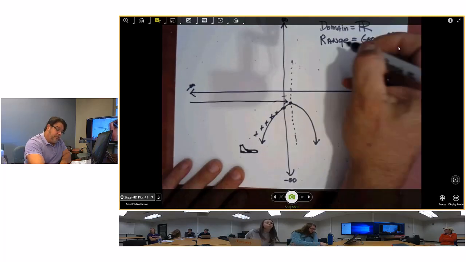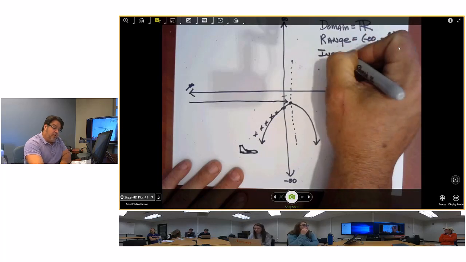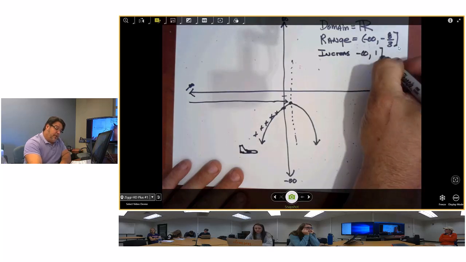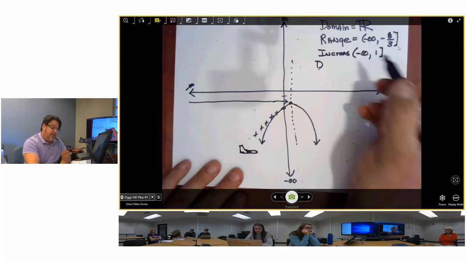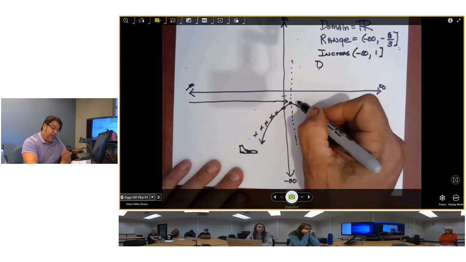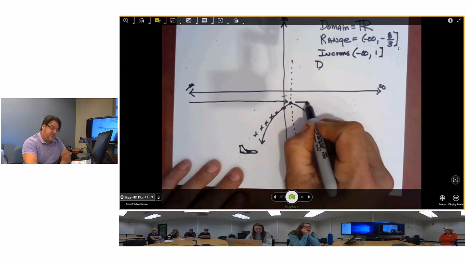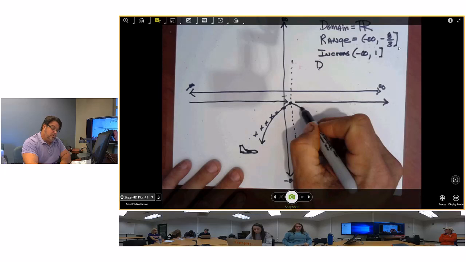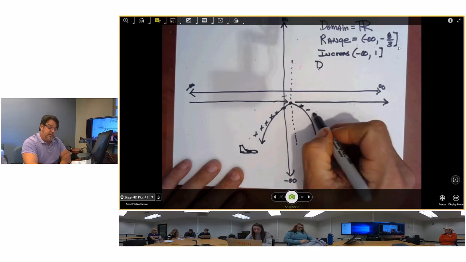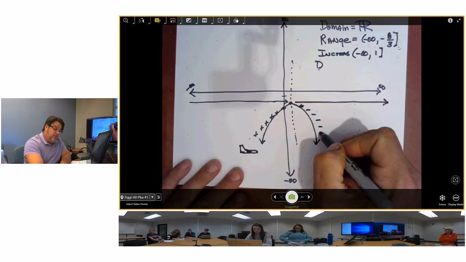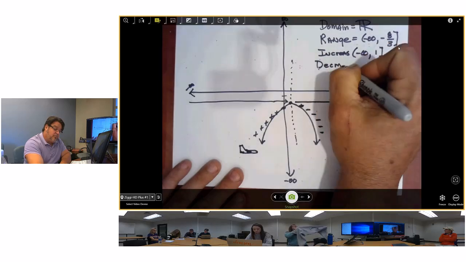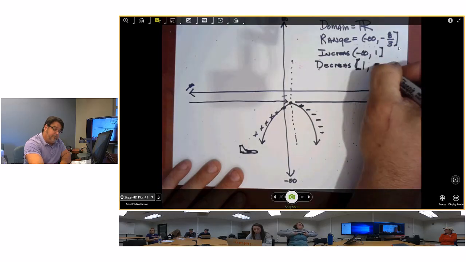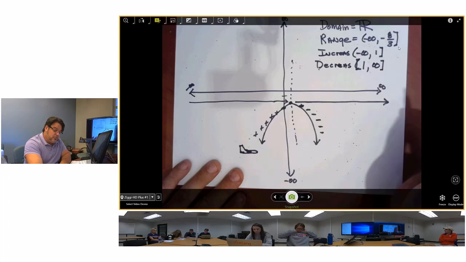So increasing from -infinity to 1. Decreasing: then the plane hits the vertex, and as the plane keeps going east, what is it going to be doing here? It's going to be descending. So it's decreasing from 1 to infinity.